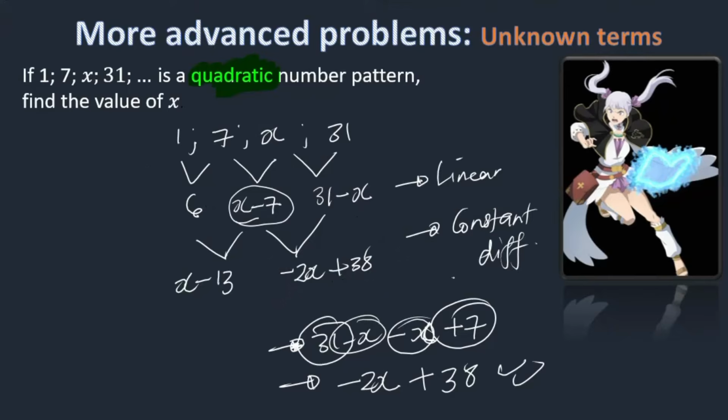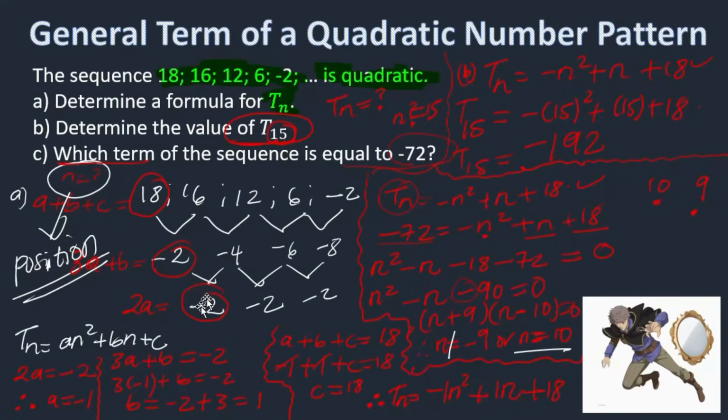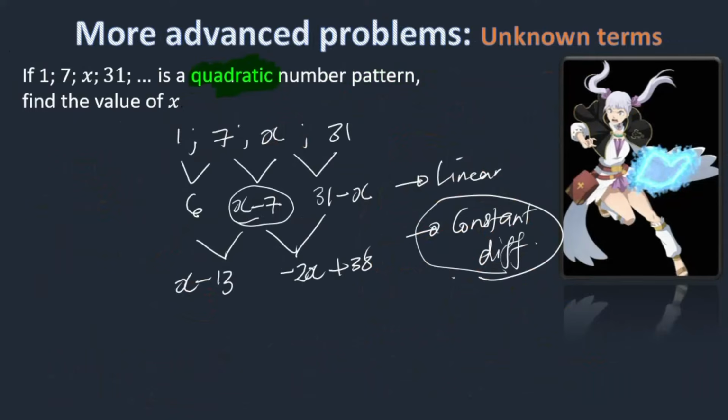Let's choose an eraser here and remove this one. Right. And then what did we say about the constant difference? Just like in all the previous examples, we know that the constant difference is the same amount, which means this value and this value should be equal. So I apply the same logic here, that this thing should be equal to this thing, because they are a constant difference.